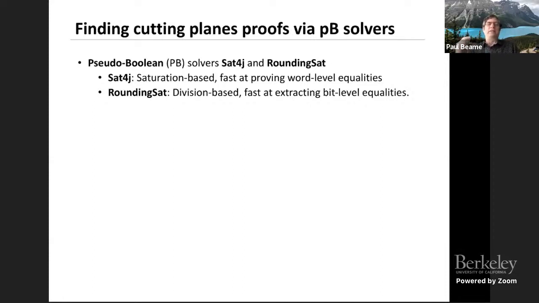SATforJ is saturation based, which you should check Jakob's bootcamp talk for the details, but basically involves thresholding coefficients by the right-hand side. It turns out these are fast for proving the word level equalities. RoundingSAT is division based and fast at extracting bit level equalities.